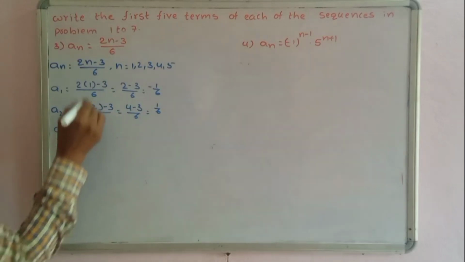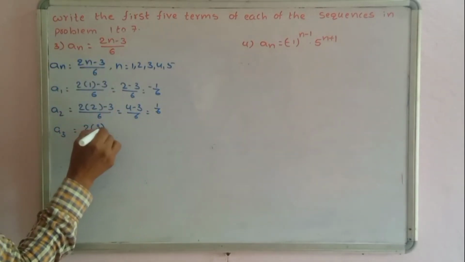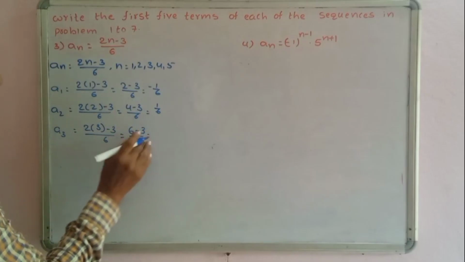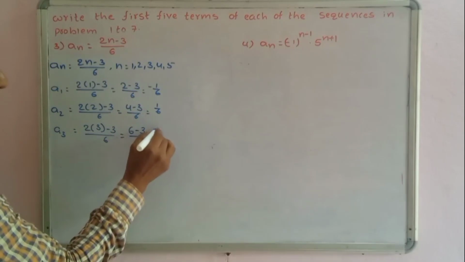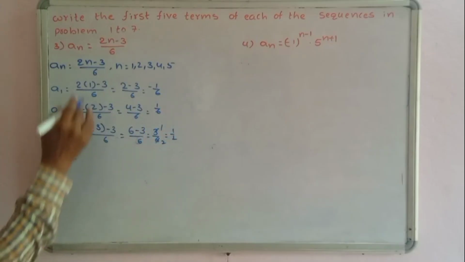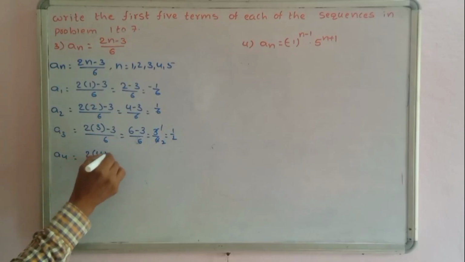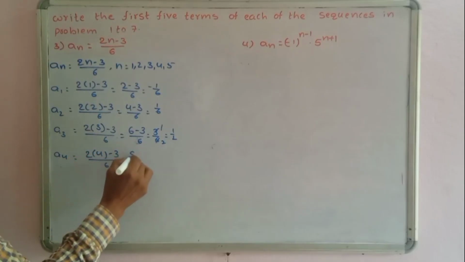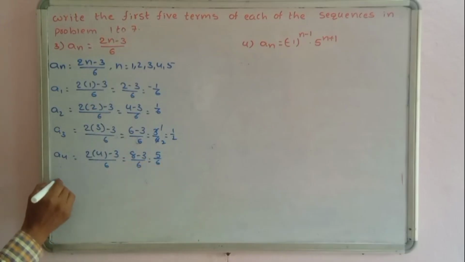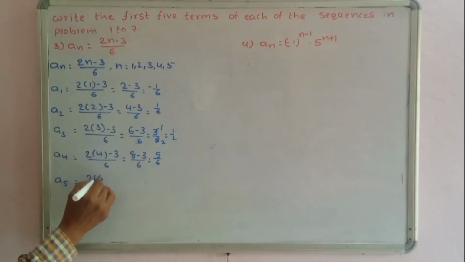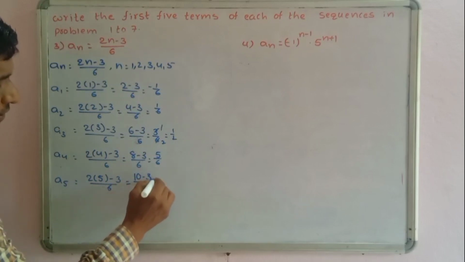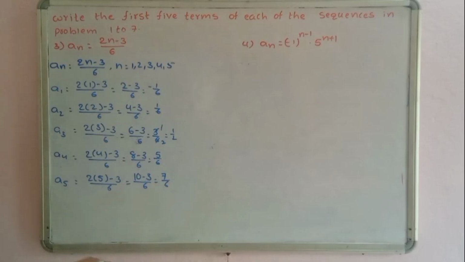a3 equals to 2 times 3 minus 3 by 6. 2 threes are 6, minus 3 by 6, that is 3 by 6, which is 1 by 2. Next, a4 equals to 2 times 4 minus 3 by 6. 2 fours are 8 minus 3 by 6, that is 5 by 6. a5, so 2 times 5 minus 3 by 6. 2 fives are 10 minus 3 by 6, so 7 by 6.